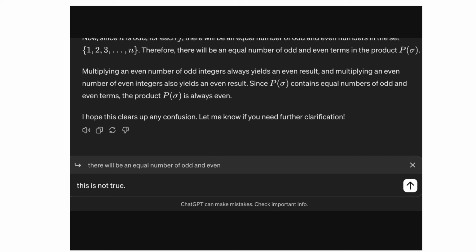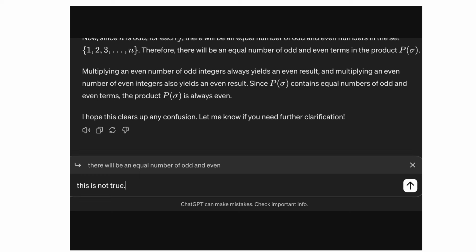Hence, this cannot be used by students who are learning for the first time. This should be used only when you have a decent hold on your foundations. So I do not really recommend ChatGPT for learning purposes, but I do recommend ChatGPT 100%, 200% for revision purposes. If you want to do revision, that's when it is actually helpful.